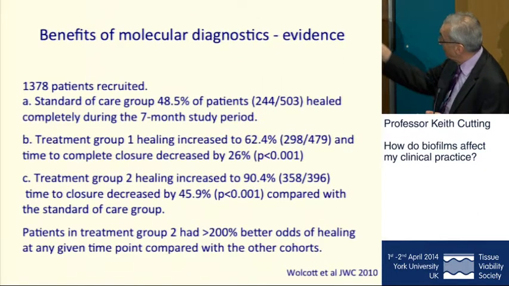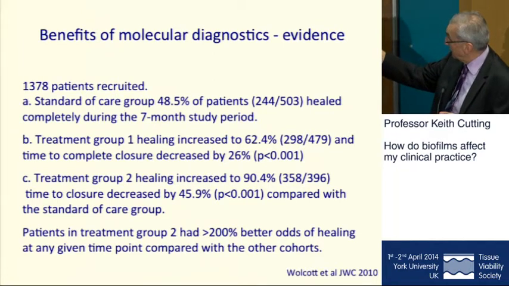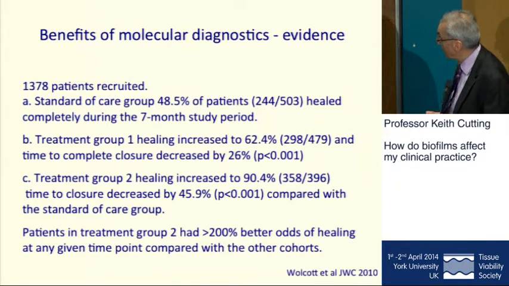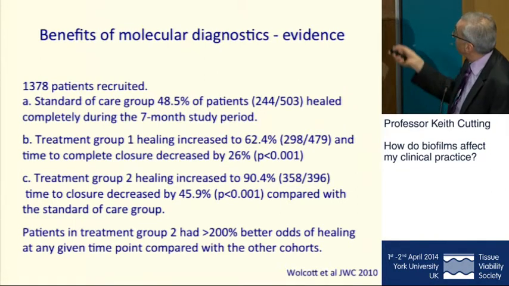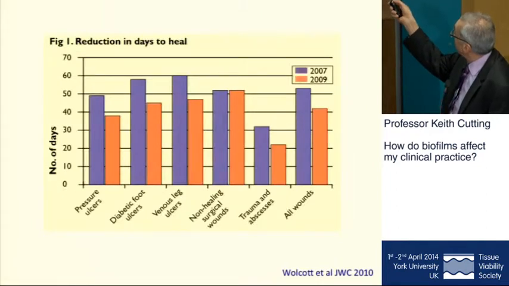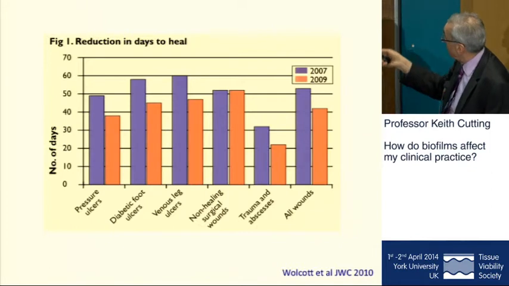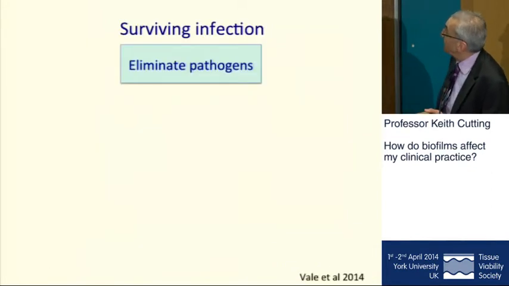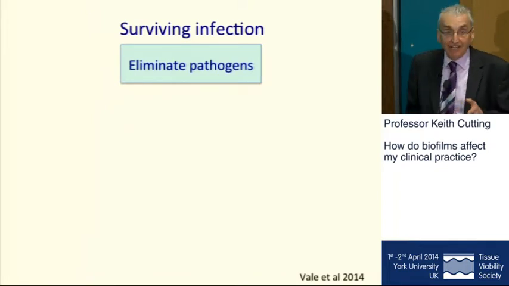The results: in treatment group 2 healing increased to 90%, and time to closure decreased by 46% compared with the standard of care group. So pretty good results. There is a summary between the standard of care and treatment 2, and you can see that demonstrated in that graph. And I'd just like to finish off with surviving infection.